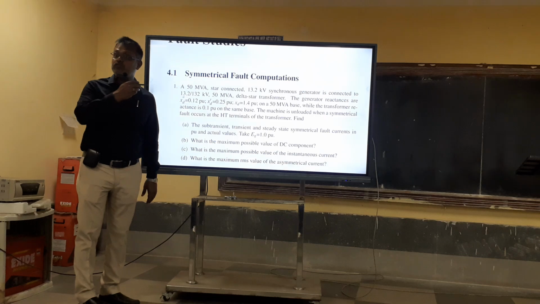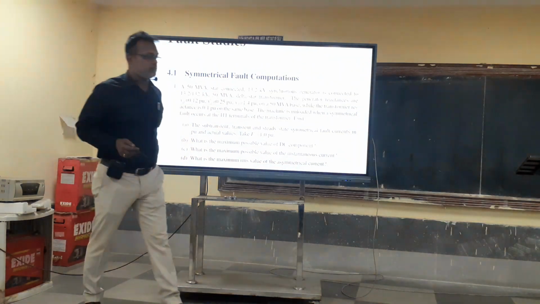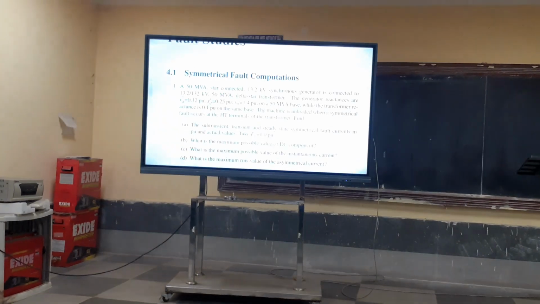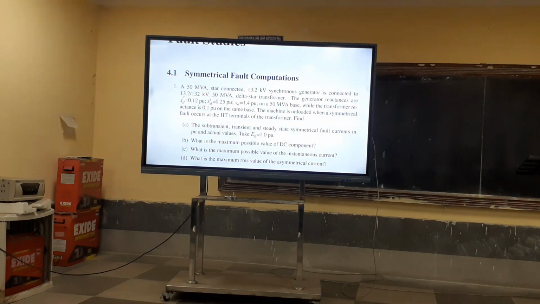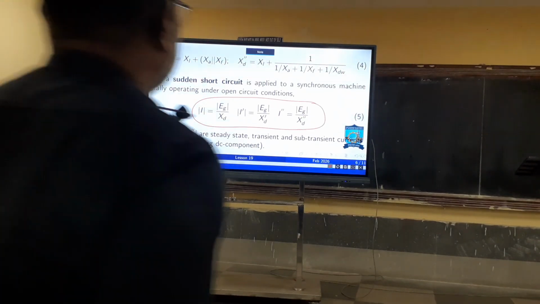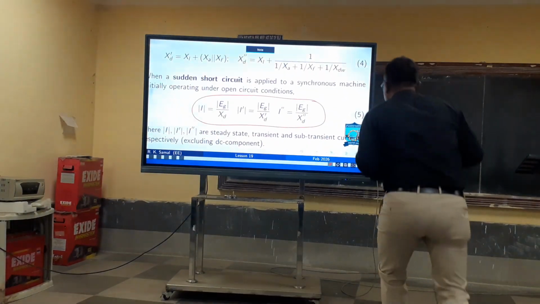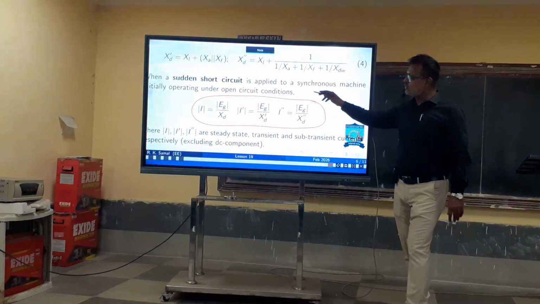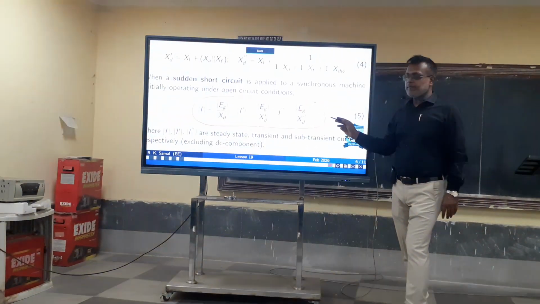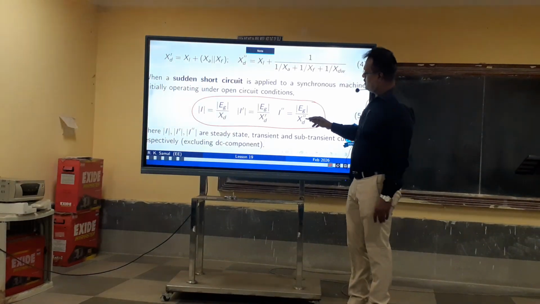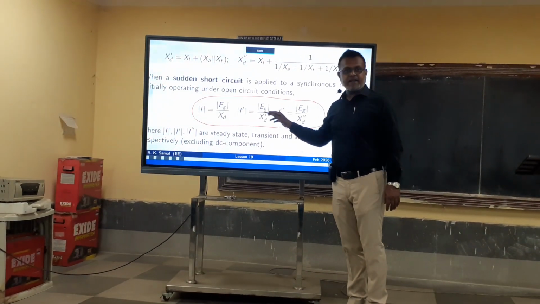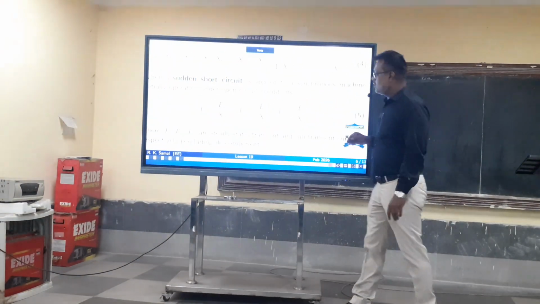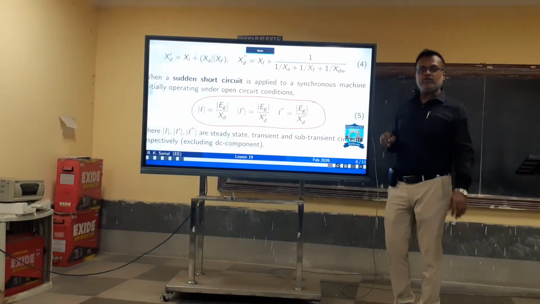You need to use only those three equations. For computing the short circuit current, we are going to use these equations. However, alongside these three reactances of the alternator, we are going to add the transformer reactance. And we will start by working with per unit values.